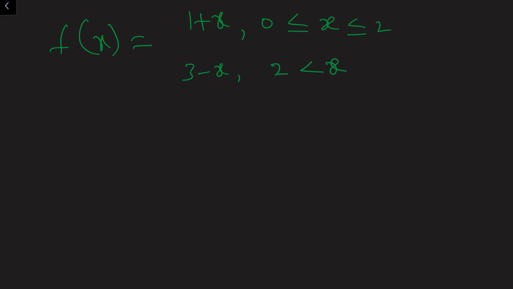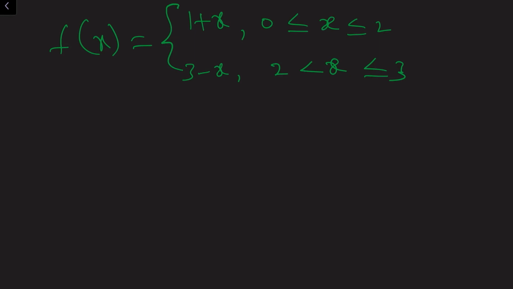Now I'll write the question again for clarity. F of x is equals to 1 plus x, 0 less than or equals to x less than or equals to 2, 3 minus x if 2 less than x less than or equals to 3.